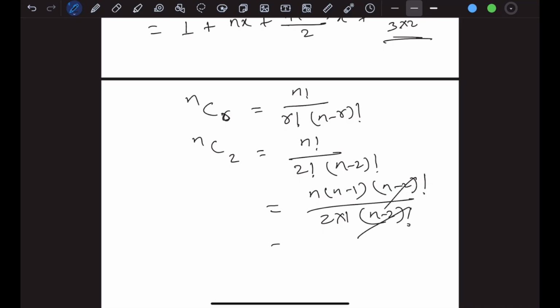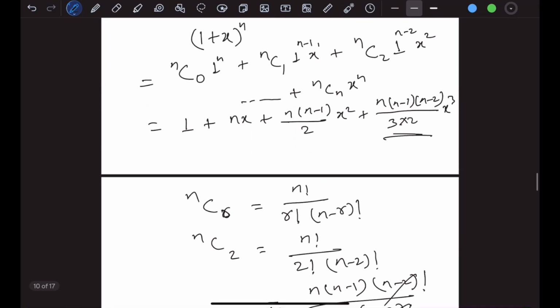So it will become n into n minus 1 divided by 2, which is this term here, right?